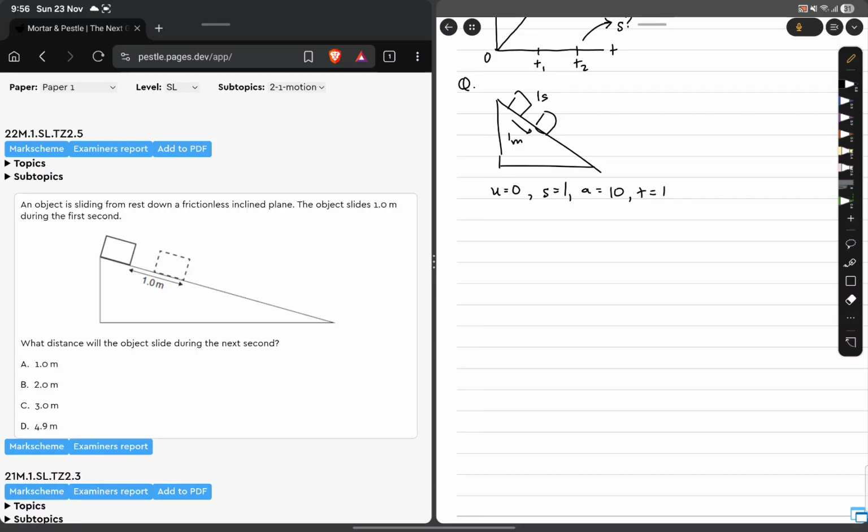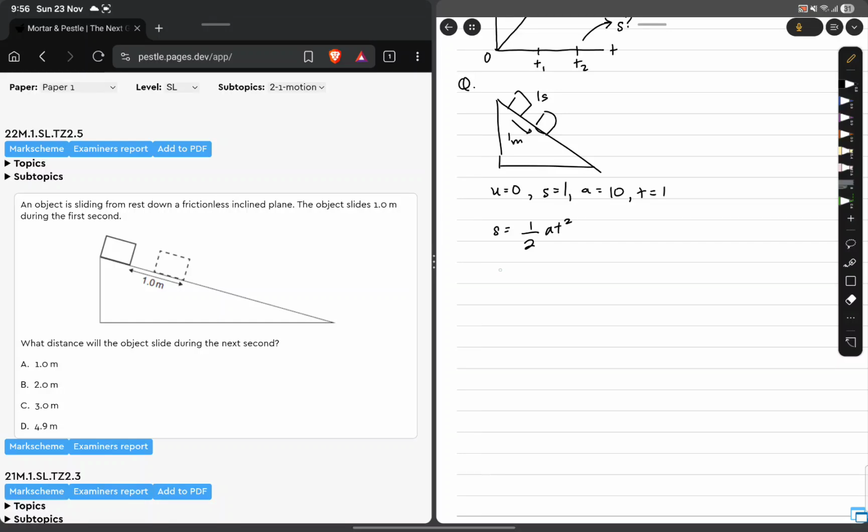So since it's frictionless, the gravity is going to be like this, and then there's the x and y component. However, as it's frictionless, the horizontal component doesn't really do any work here. So we're only going to look at the vertical component, and that can be analyzed with the free fall equation, which is s equals half a t squared.